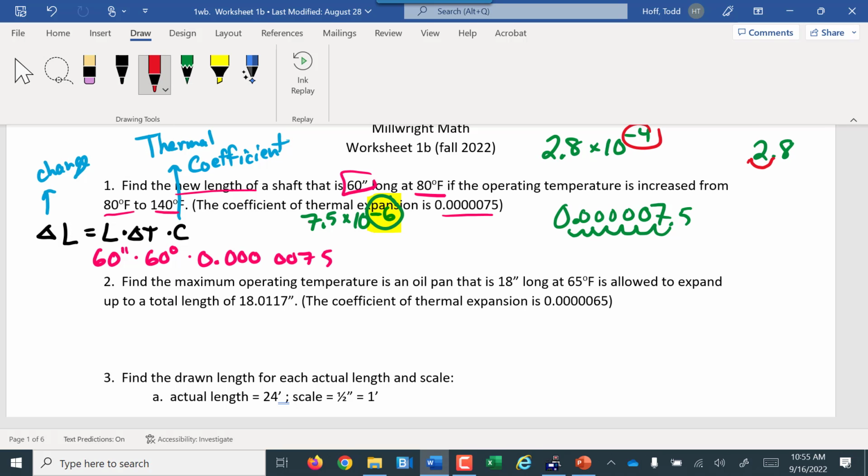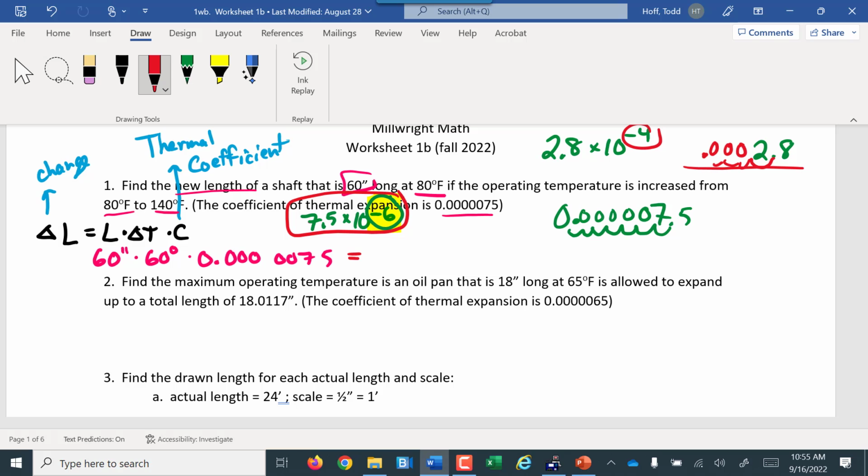So 1, then I have to add a 0 for 2, 3, and 4. That's where your decimal point is: 0.00028. So again, typically your coefficient of thermal expansion will be written out like that in scientific notation. I put it out as a decimal just to make things a little quicker for us here.